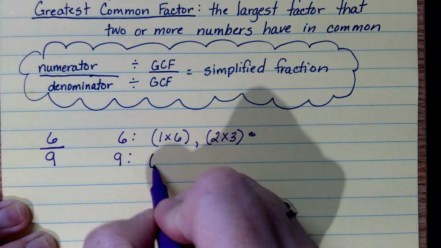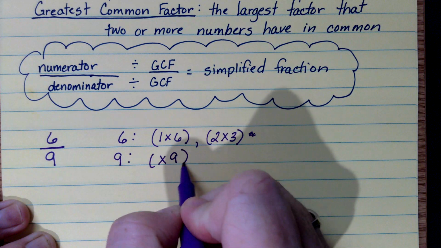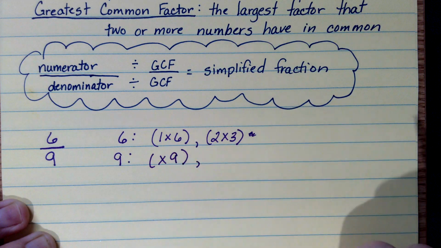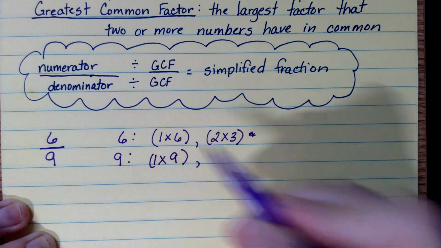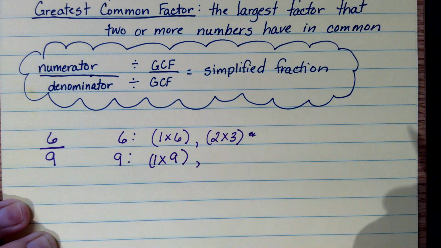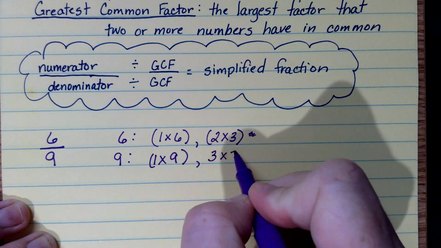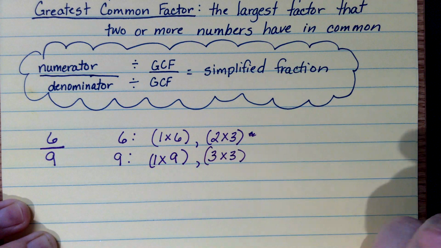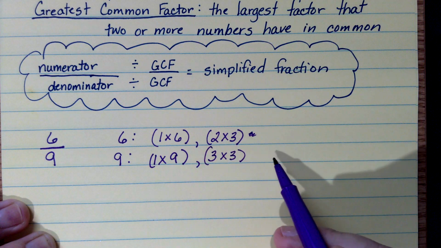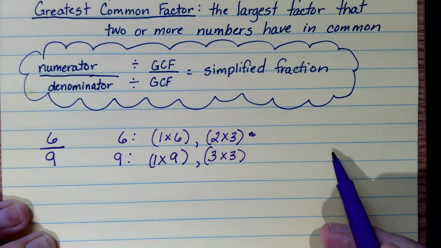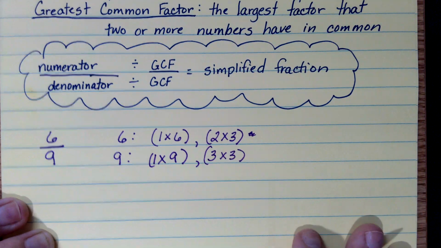I know that 1 times 9 is 9. Can't divide it by 2 because it's not an even number. So I'm going to go on to 3, and I know that 3 times 3 equals 9. And again, I can't do 4, 5, 6, 7, or 8, but it would take me back to 9.